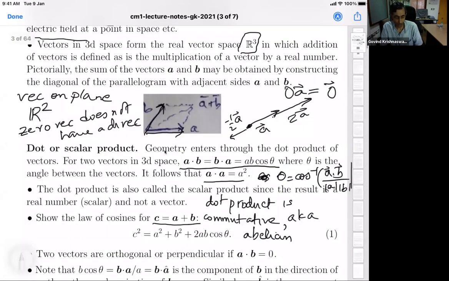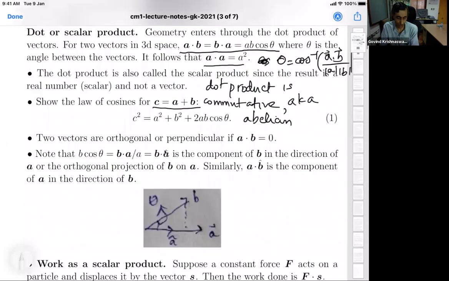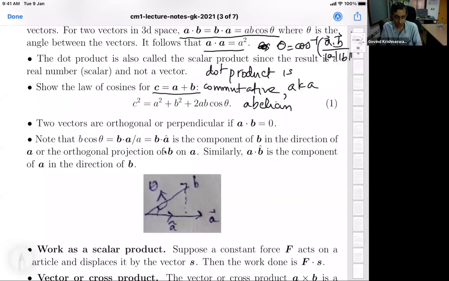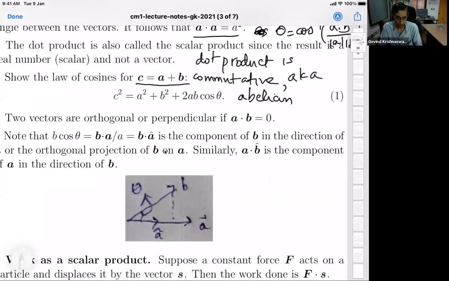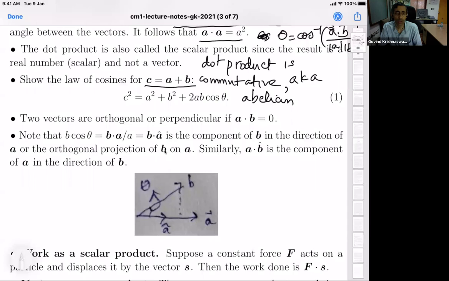now let's make use of this dot product to define another useful concept, namely the orthogonal projection. The orthogonal projection of one vector on another, or the orthogonal projection of one vector in the direction of another vector.